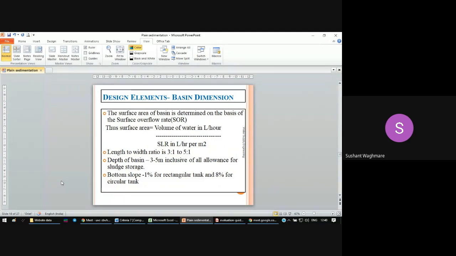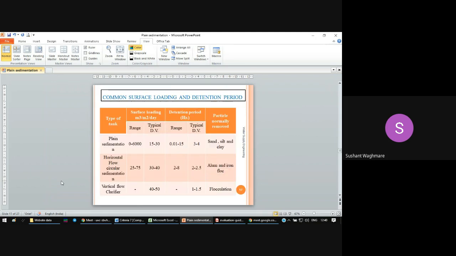Then next is SOR, which is called surface overflow rate. This surface overflow rate is calculated as volume of water in liters per hour divided by SLR. SLR is surface loading rate.